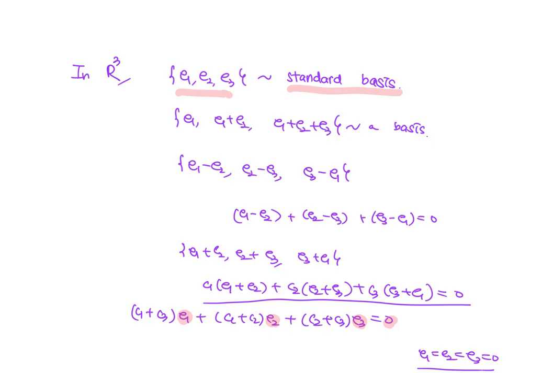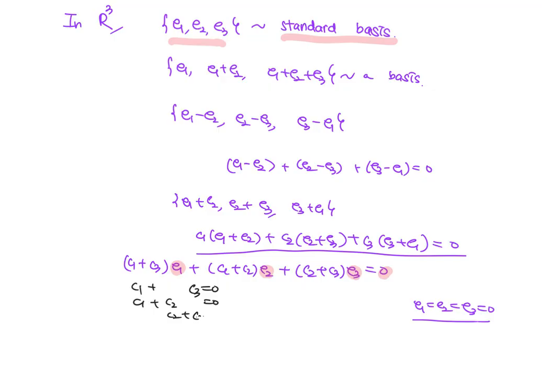So C1 plus C3 equals 0, C1 plus C2 is 0, and C2 plus C3 equals 0.